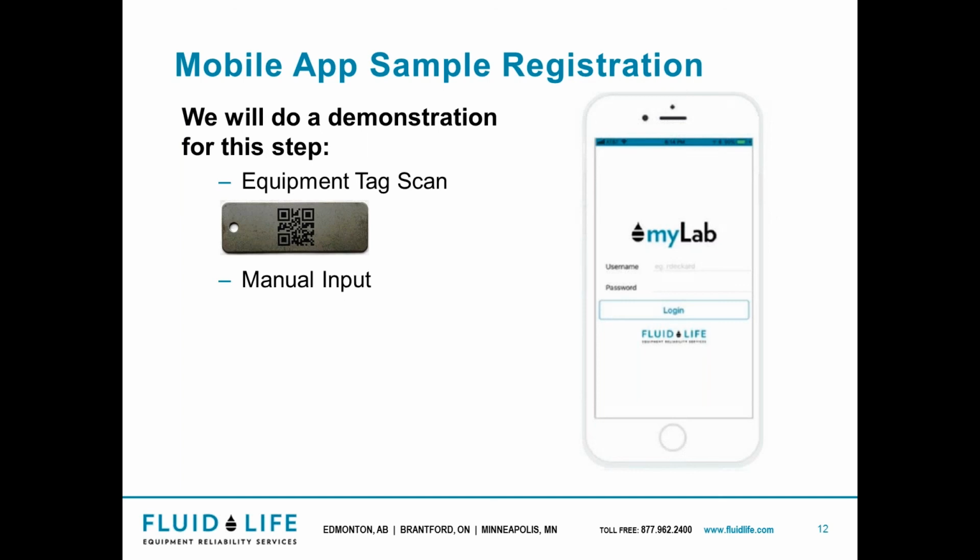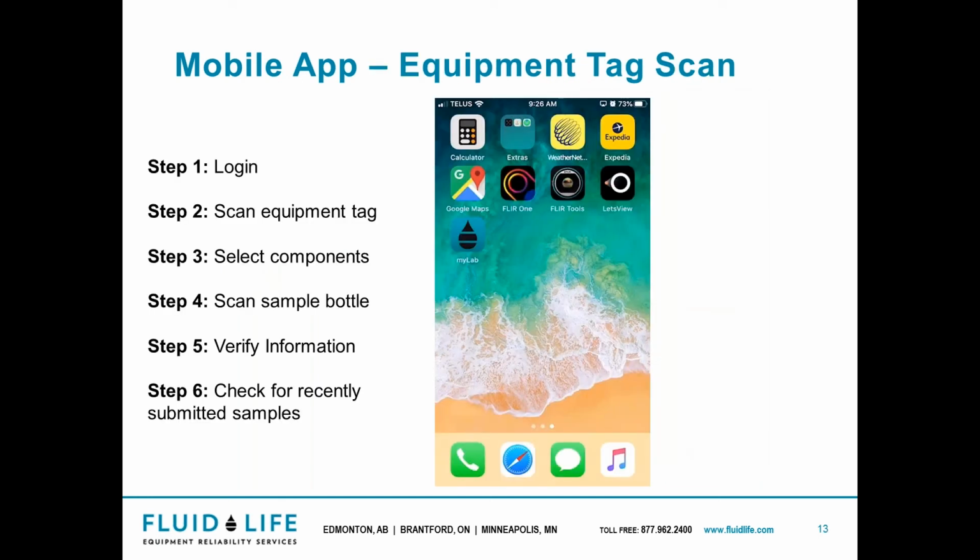There's two ways within this as well. We're going to do a demonstration using the equipment tag, which is these dog tag things here, as well as a manual input. There's a 6-step process, and some of it's fairly obvious. Step 1 is you're going to log in, and step 2 is we're going to scan an equipment tag.